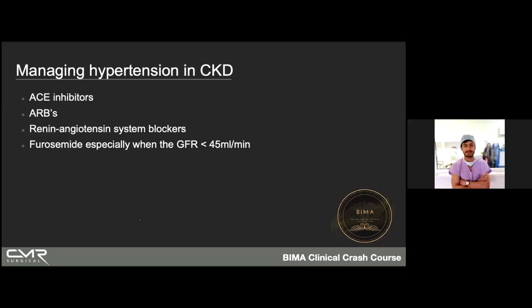As I said, furosemide is always something that you should consider, especially when the eGFR is less than 45 mL and when there's significant fluid overload, as I mentioned earlier, because it can promote urine output and significantly improve the clinical picture of the patient.